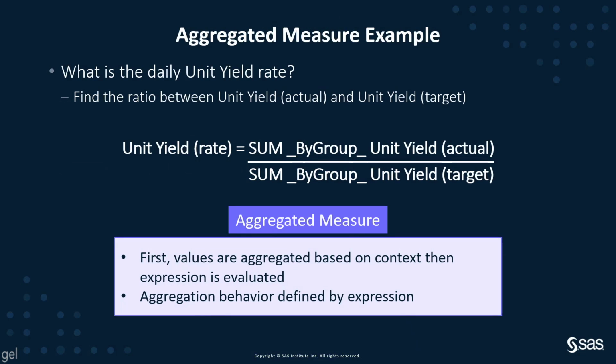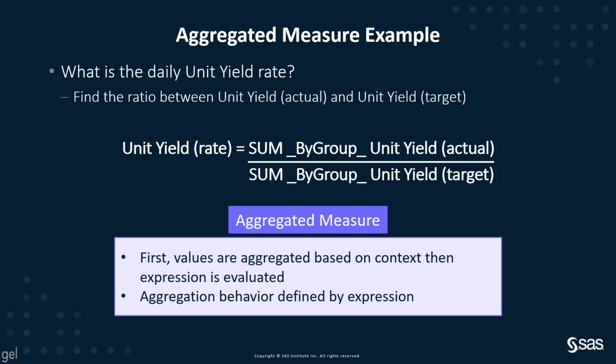Now let's move on to the aggregated measure example. One of the ways to determine if you need to use an aggregated measure is if you are dealing with an expression that requires multiple passes through the data to get the correct value, such as ratios. In this example, to answer the question, what is the daily unit yield rate, we will need to build an expression that first sums the by-group context for unit yield actual, then divided by the sum of the by-group context for unit yield target.